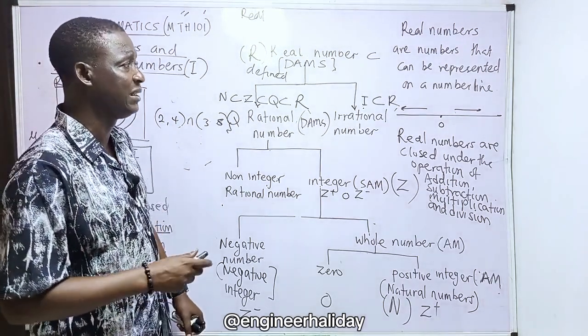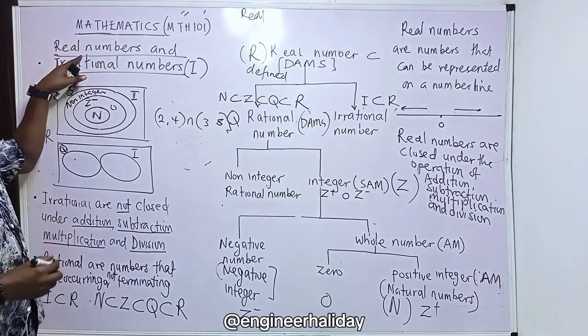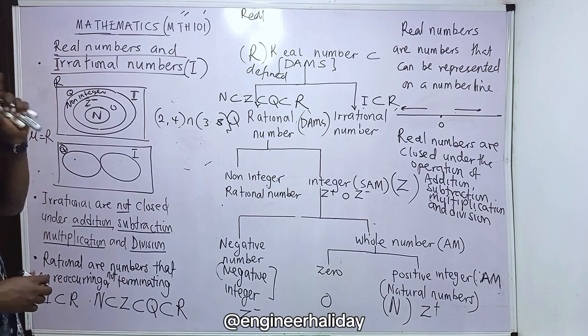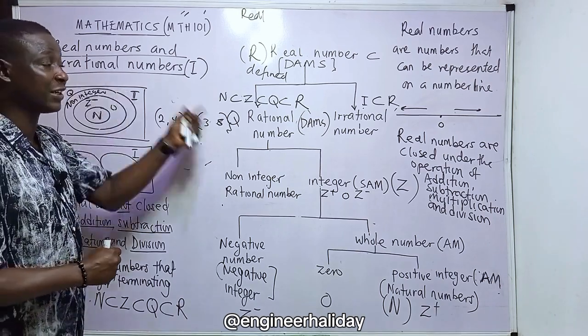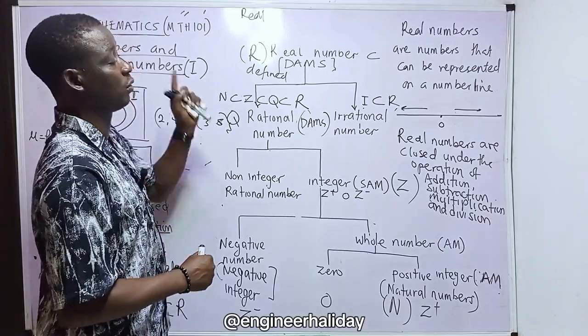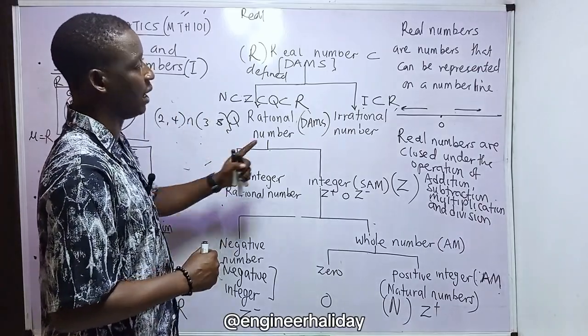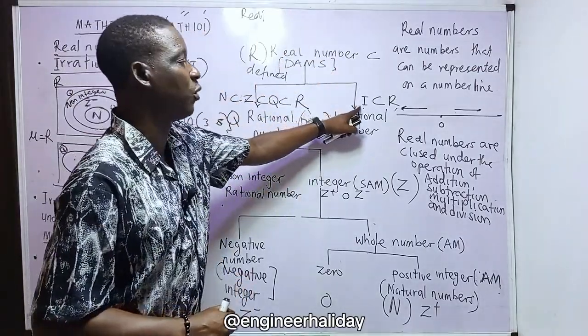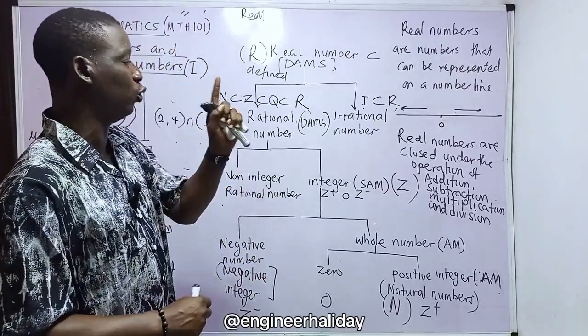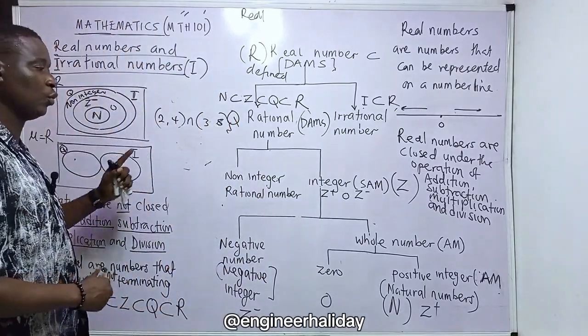I believe I was able to explain that. Don't forget, real numbers are a subset of complex numbers. I said it in the first video. And don't forget, natural numbers are a subset of integers, a subset of rational numbers, a subset of real numbers. Irrational number is a subset of real number on its own.